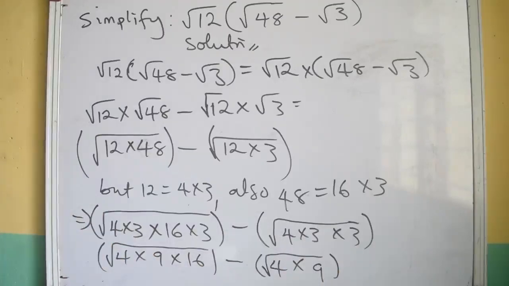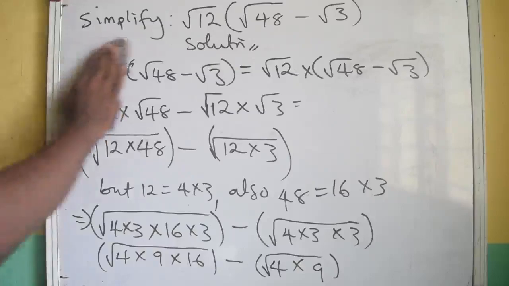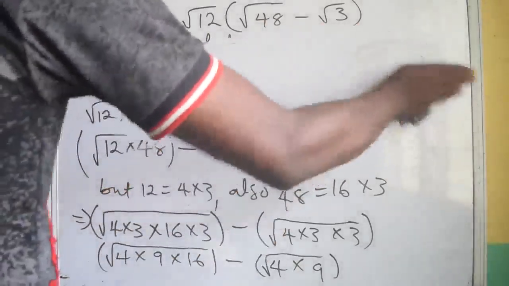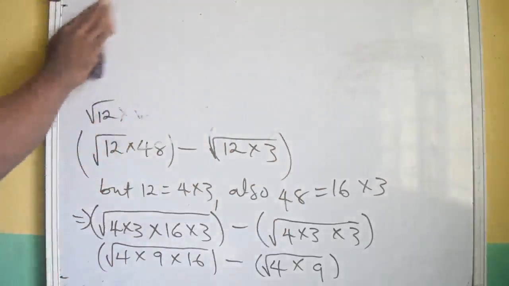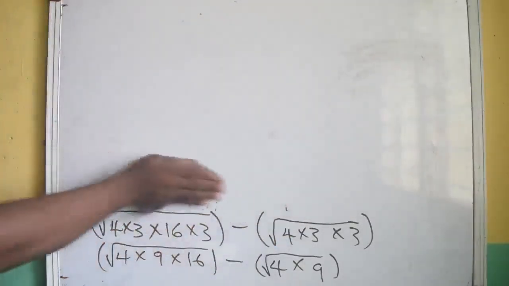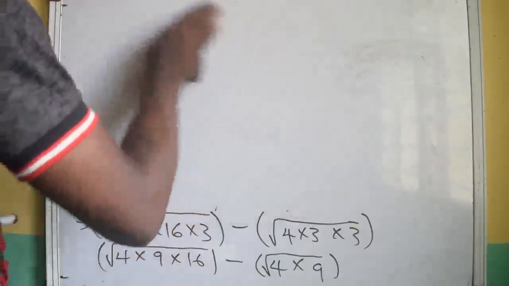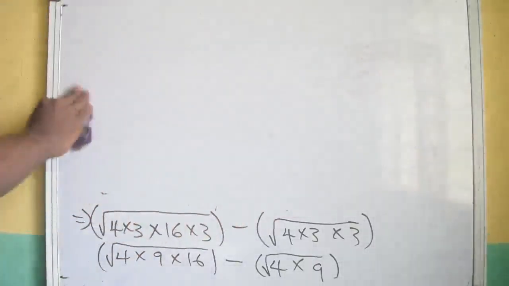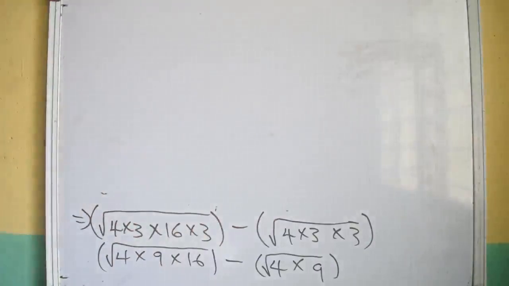I can as well use a different technique, but whichever way, provided you are doing the right thing, you can continue. There's virtually no big deal with regards to that. So I'm just trying to give more room to this so that you get everything down. Now here we go.